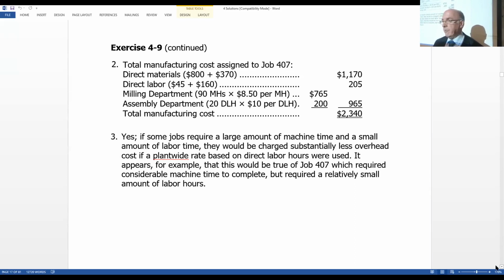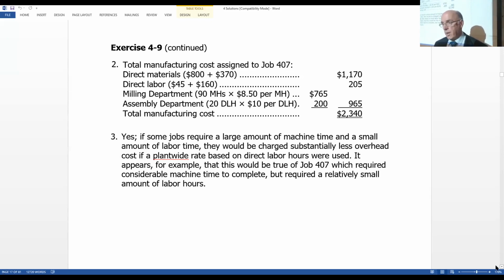The nice thing about having just one predetermined overhead rate instead of 2, one for machine hours and one for labor hours, the advantage of having just one is it's easier. You only have 1 instead of 2, and you don't have to decide what to multiply because there's only one number. The problem with just having one plant-wide predetermined overhead rate is that you can't split it into machine hours and labor hours.